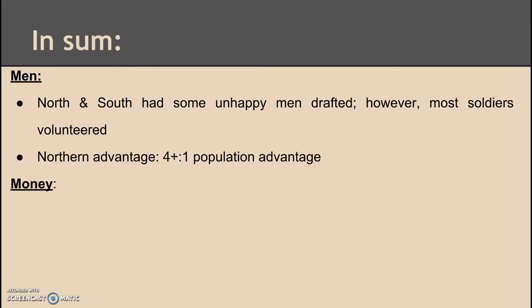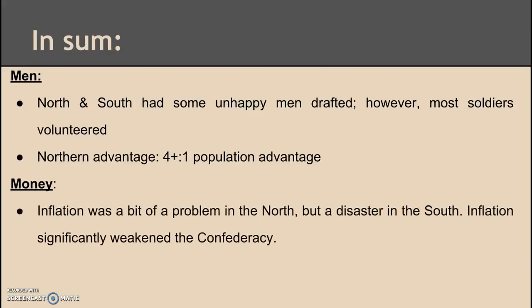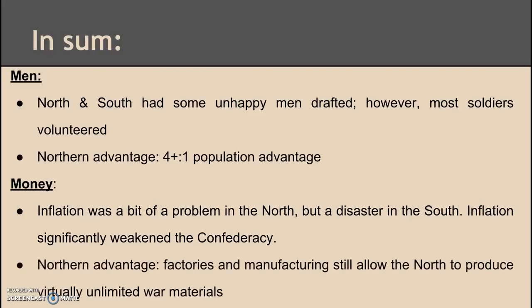Financially, the North's advantage proved even more substantial, and while inflation became a little bit of a problem in the North, it was a disaster in the South, and it weakened the Confederacy considerably. And of course, as we've already talked about, the North's great advantage in factories and manufacturing allowed the North to produce virtually unlimited amounts of war material, from uniforms and shoes to cannons and rifles and railroad equipment. The South, of course, struggled.